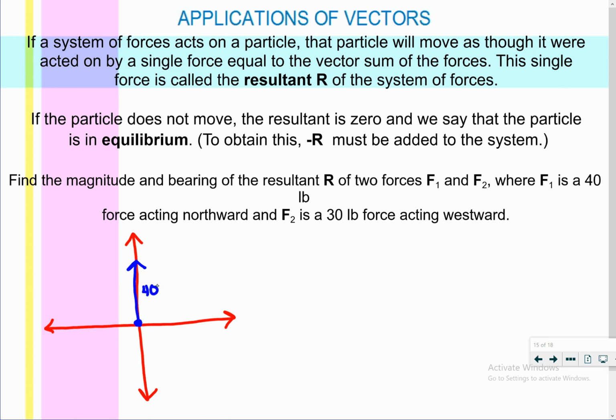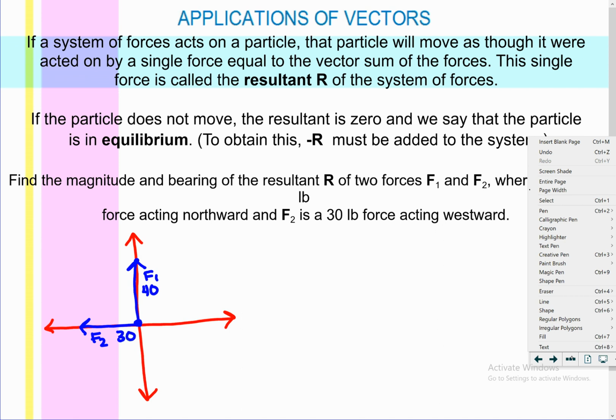Its length is 40 from start to finish. Okay, and that is F1. Force 2 is going to the west, and it's going to be a little bit shorter because it only has 30 pounds of force. Got it? Yes? Good? Okay.